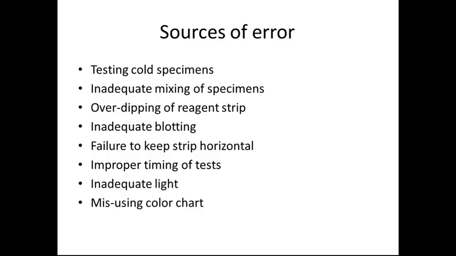Inadequate light and misusing the color chart. I've sometimes had people use the color chart backwards and line it up backwards. So make sure you start with the bottom of the stick closest to your hand and start reading from there.